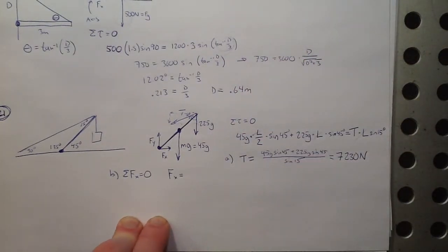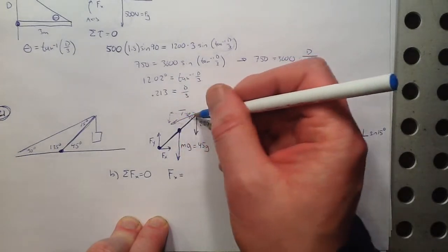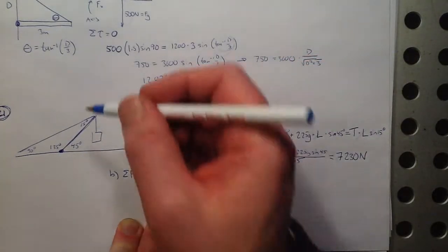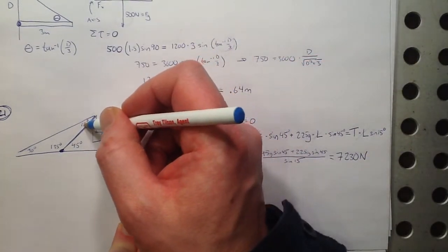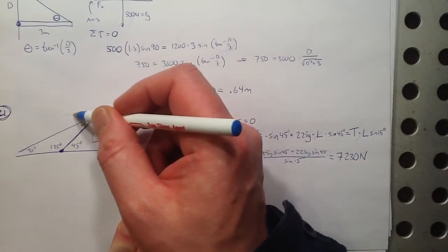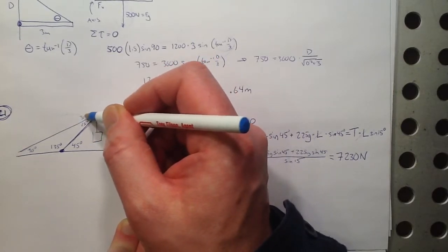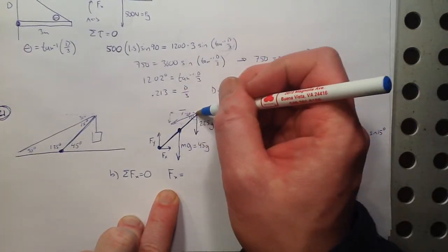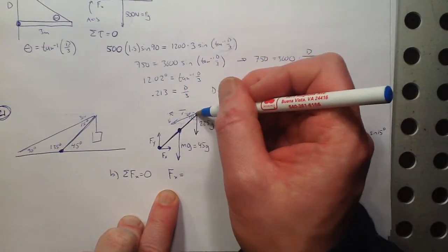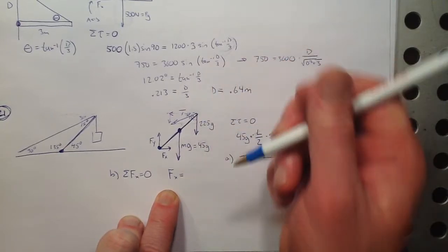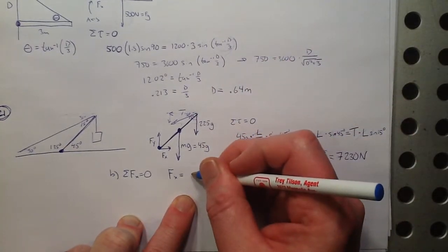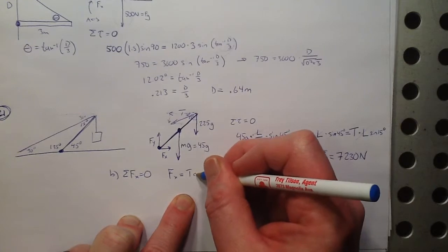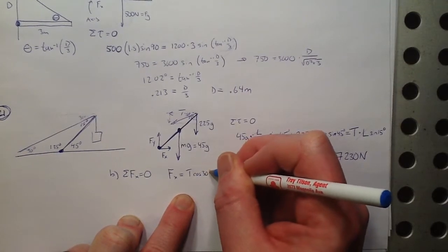Right? That tension force is 30 degrees below horizontal, because this is 45, this is 15, that's 60, so this would be 30 degrees here. So the horizontal component would be the adjacent to that 30-degree angle, so that would be equal to T times the cosine of 30 degrees.